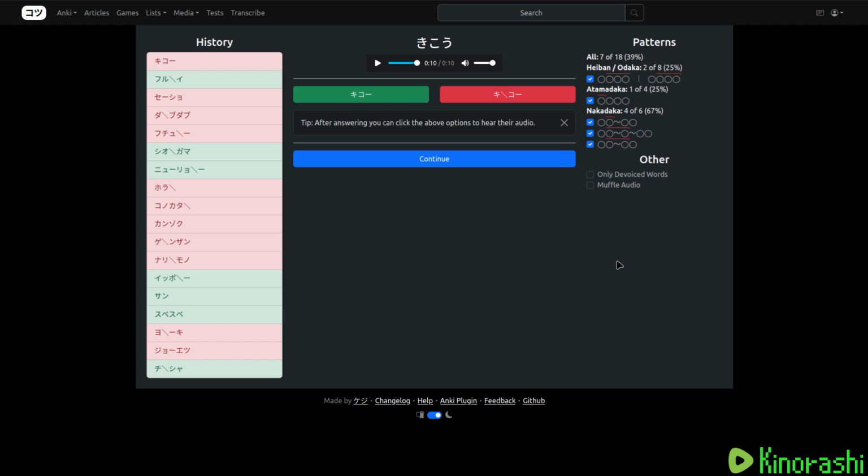In other words, Heiban words are represented by a 0, Atamadaka by a 1, and Odaka by a number equal to the number of morae in the word. Nakadaka would be any number greater than 1 and less than the number of morae in the word.